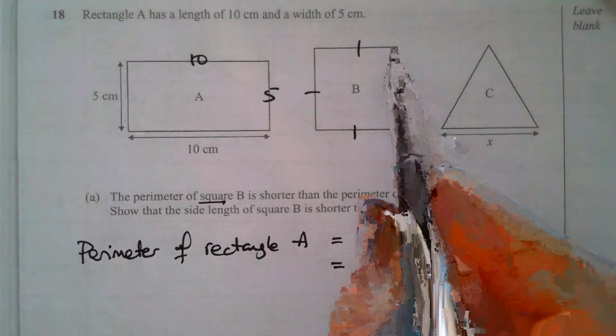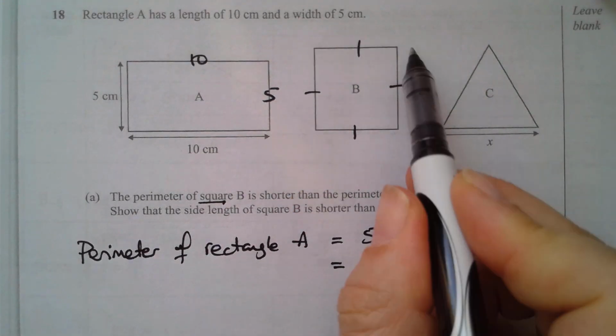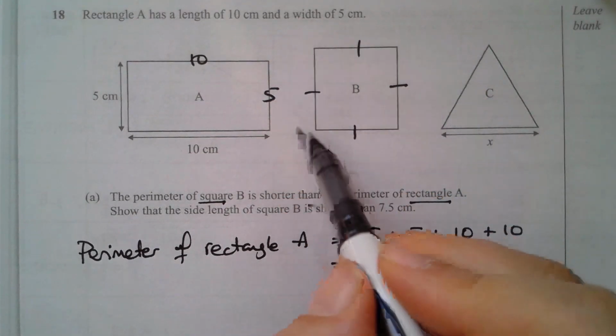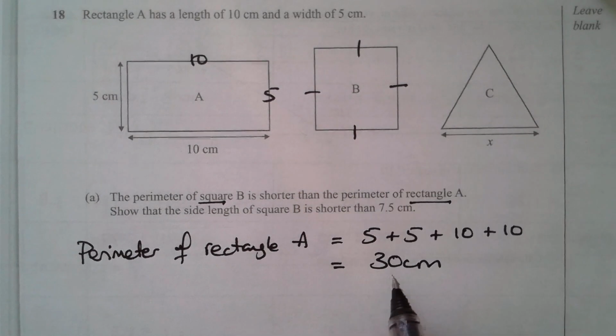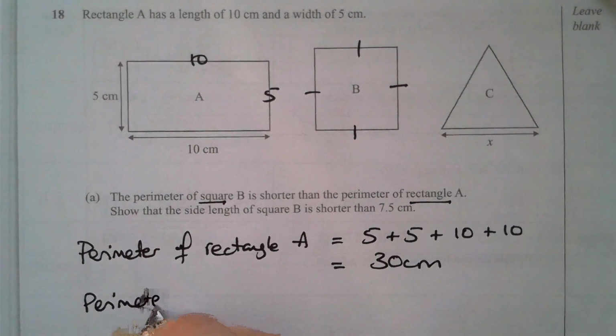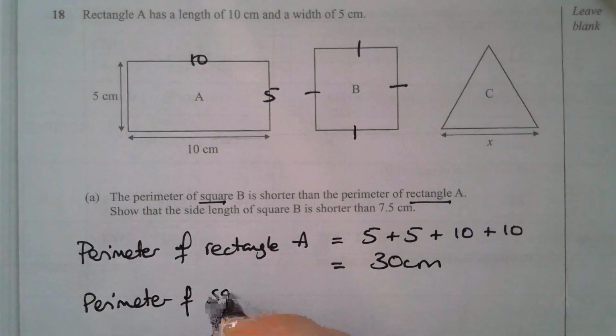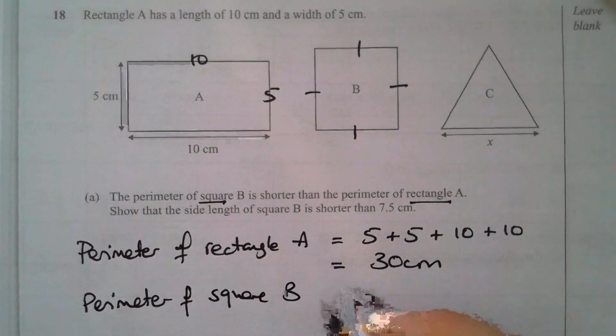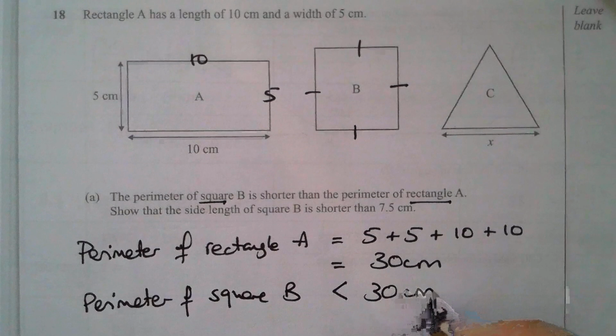It's shorter than the perimeter, so we know that this, the perimeter, all of these sides added together, has to be less than 30 centimetres. So we know that it is less than 30 centimetres.